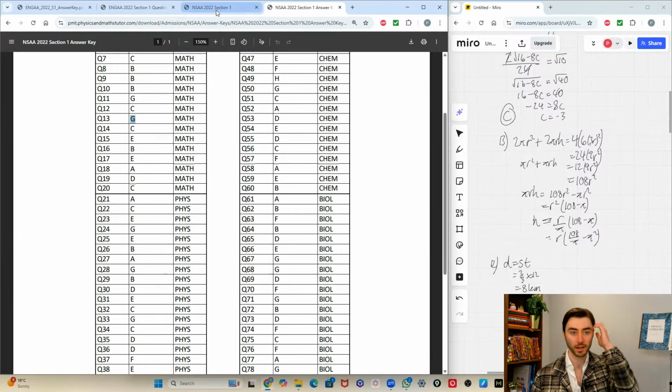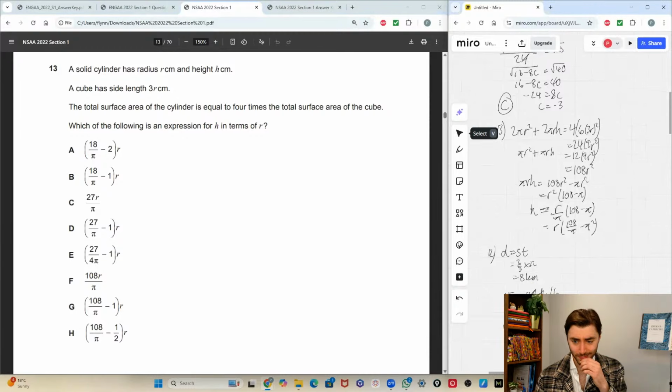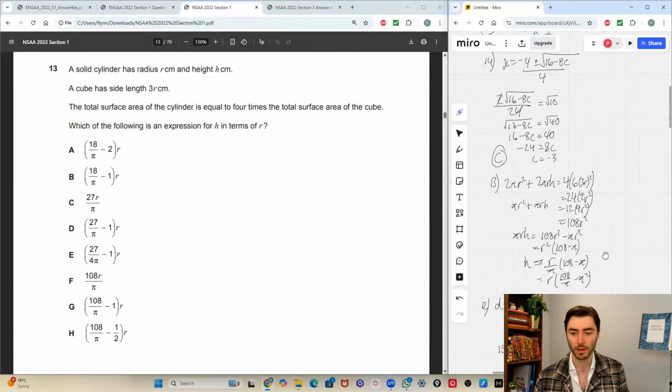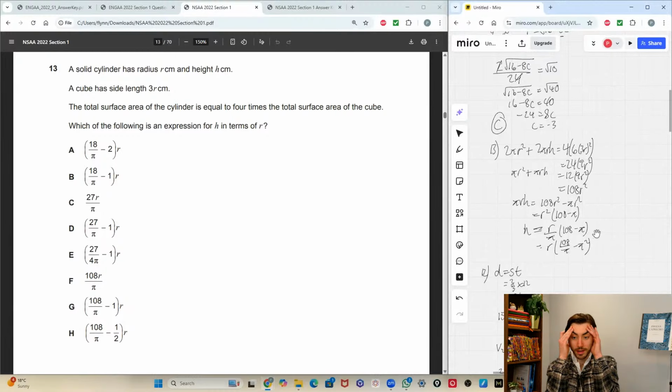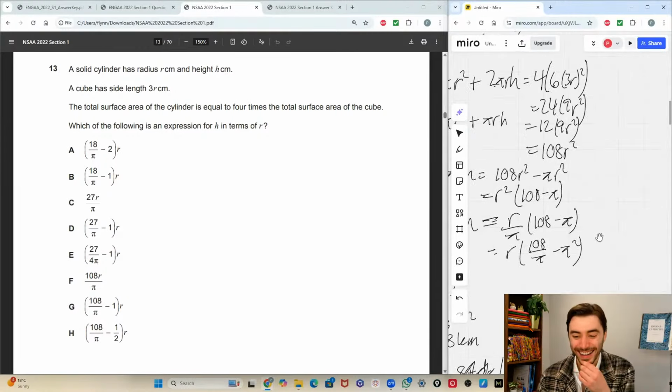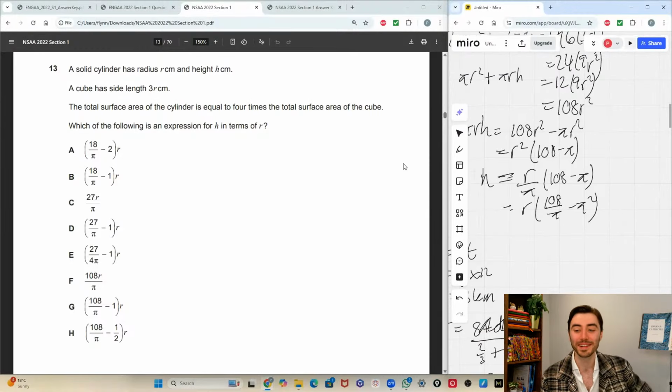Guessed it correctly because I got something of that form, and so I just went for it. So what did I do wrong? 108 R over pi, certainly. And I should have just got minus R. Oh my god, I'm a flaming moron. That is such a bad execution error. What am I doing?